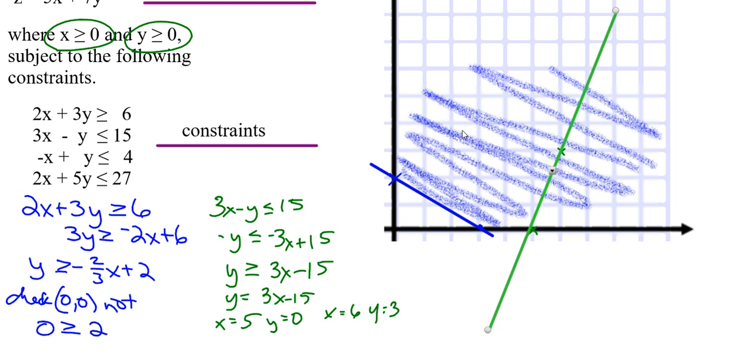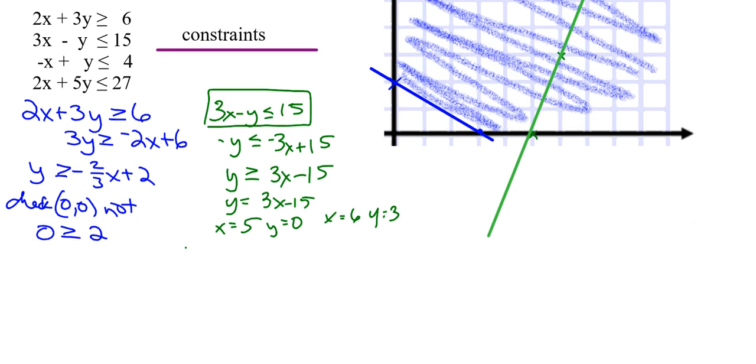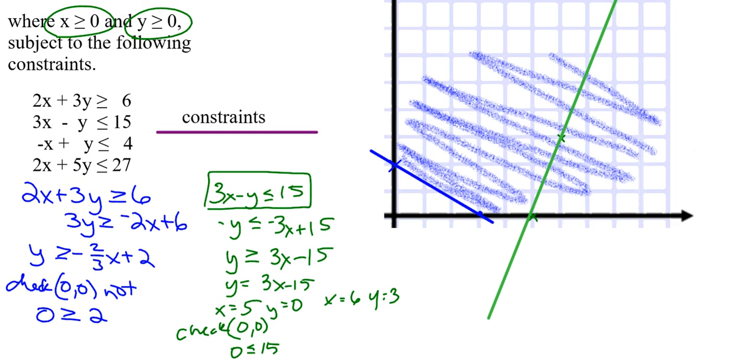And when I check my point, it doesn't go through 0, 0. I'll check 0, 0. I'm going to check it in that very top one. And when I check 0, 0, I'll get 0 is less than or equal to 15, and 0 is less than 15, and so we would include that point.